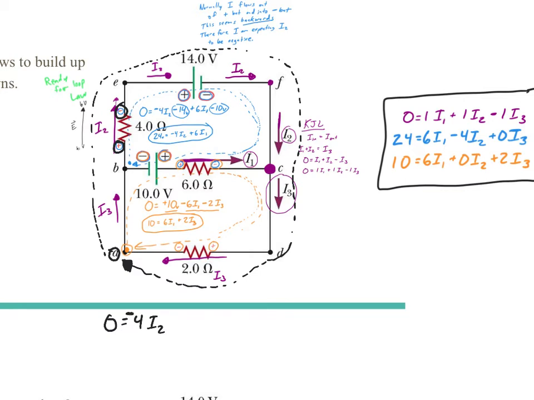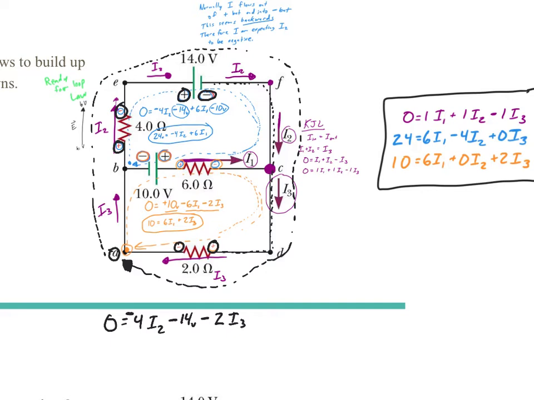Next, we go across the battery from the positive side to the negative side. That's a decrease of 14 volts. We keep on going around, wire, wire, wire, wire, and our last resistor, from the high side to the low side. It's a decrease in voltage of twice I3.